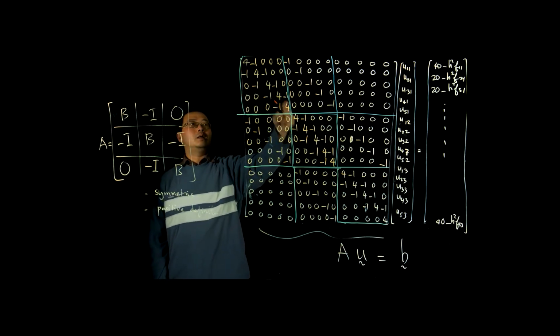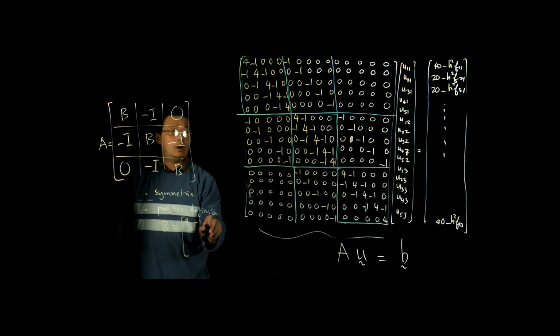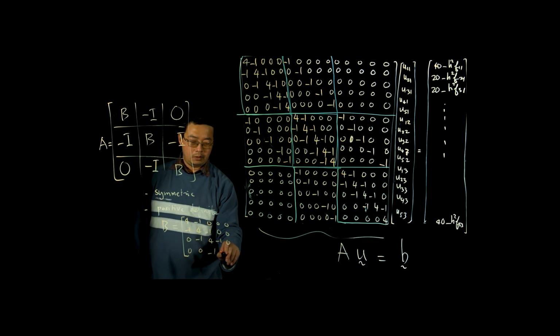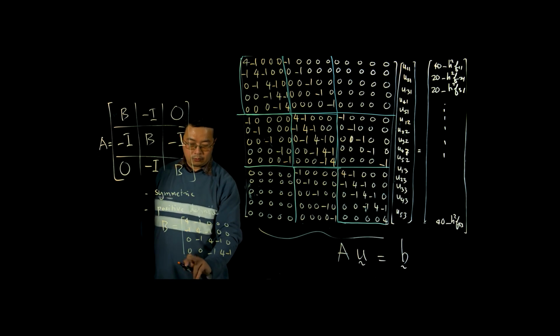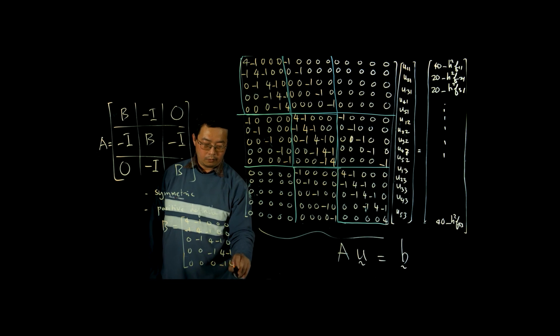And the matrix B is given like this. Yeah, so the matrix B is given as 4, minus 1, 0, 0, 0, and minus 1, 4, minus 1, 0, 0, 0, minus 1, 4, minus 1, 0, 0, 0, minus 1, 4, minus 1, and the last one will be 0, 0, 0, minus 1, 4.